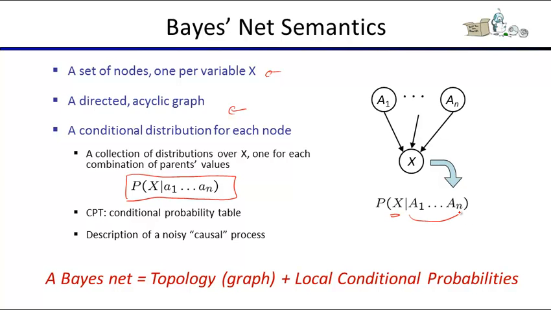The abbreviation we'll be using a lot, CPT, stands for Conditional Probability Table. There will be one for each variable. The Bayes net consists of both the graph and these local conditional probabilities. So there are two parts to a Bayes net. Yes?